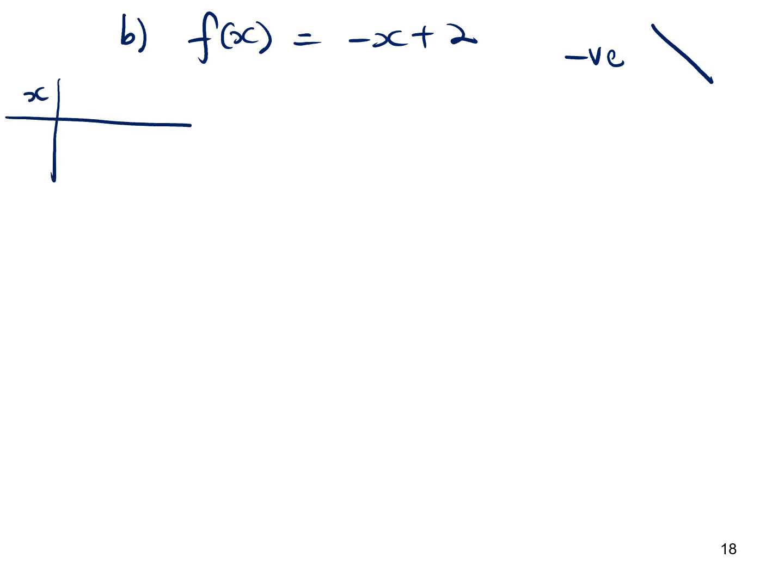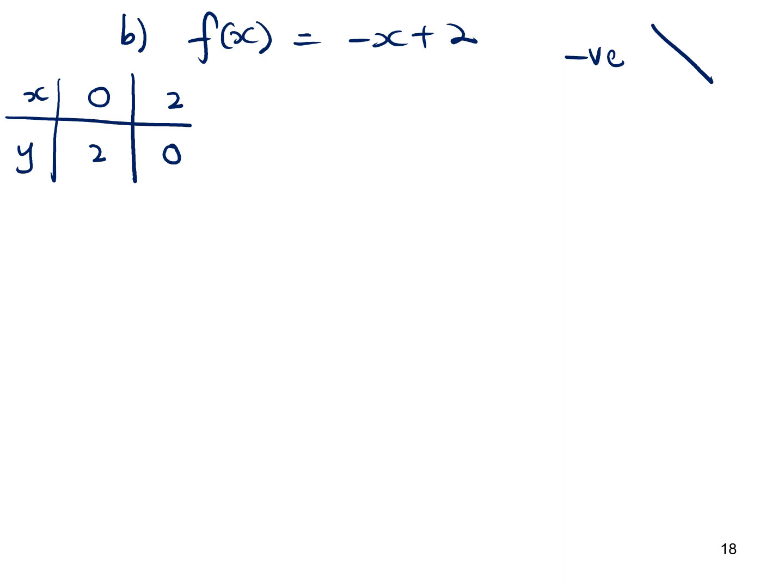Okay, for b, f(x) = negative x + 2. The gradient is negative, so the shape is like this. So try to test 2 values here. When x is 0, you can see that y = 2, and when y is 0, we have x = 2, correct? Alright.